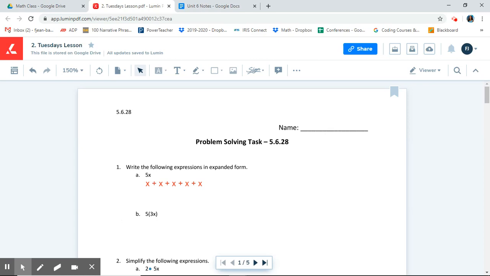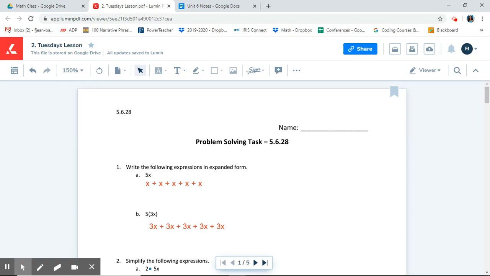We are in fact doing 3x plus 3x plus 3x plus 3x plus 3x. So it's not the x that's being repeatedly added together, but the 3x. Just remember, anytime you see multiplication, we can expand that to repeated addition.